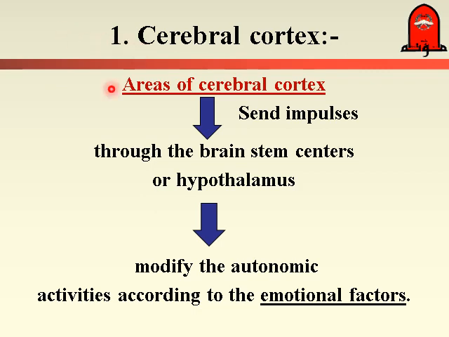There are certain areas or certain cells within the supracortex that can send impulses through the brainstem, either directly or indirectly through the center of the brainstem or hypothalamus, and these impulses will be sent to the autonomic nervous system to regulate the different organs of the body according to emotional factors.